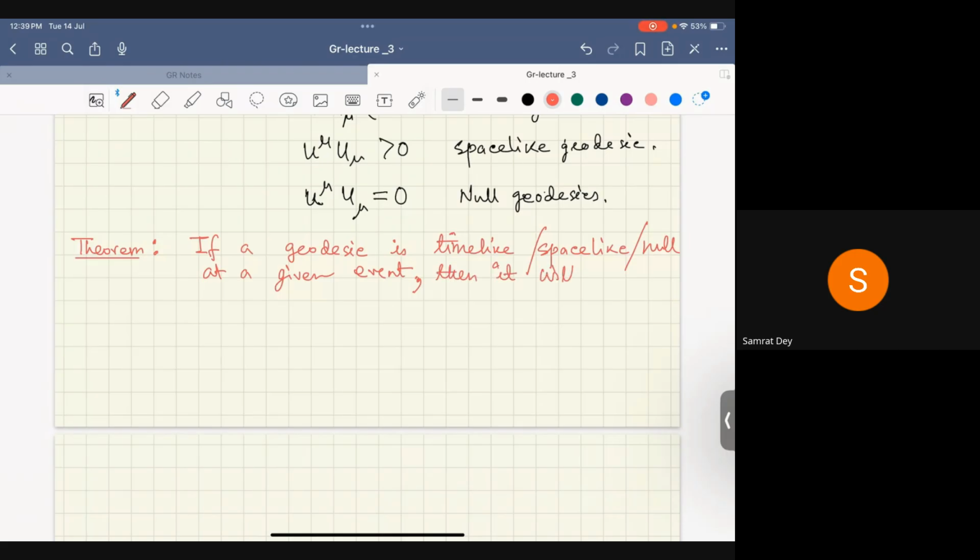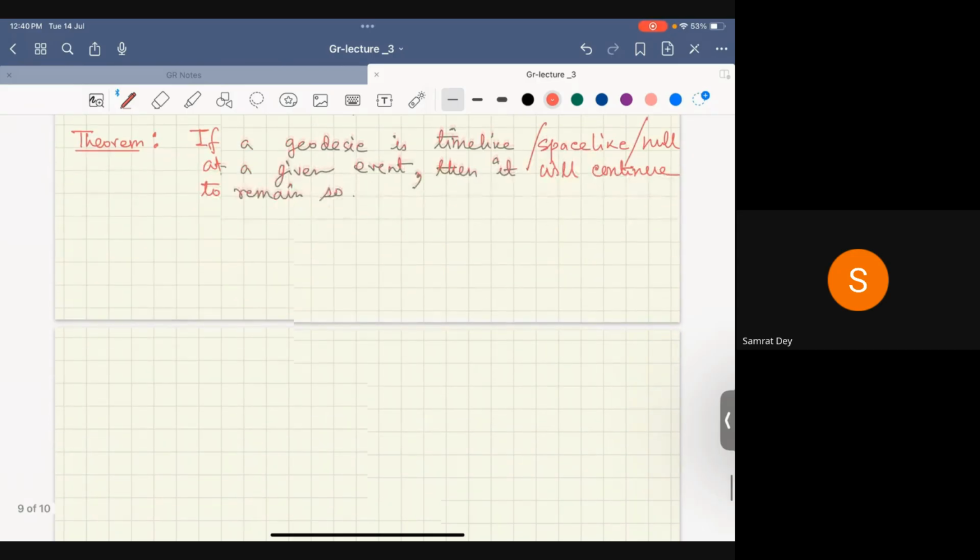So that means if by some means I have identified that it is the vector which is time-like, then as you move ahead on the geodesic, the vector will always remain time-like, it will not change.